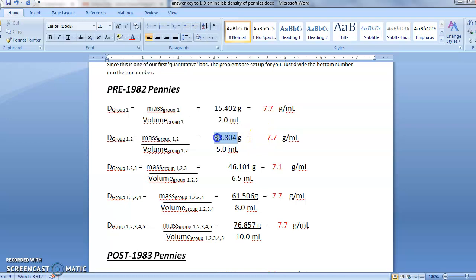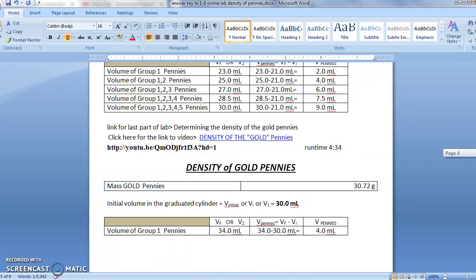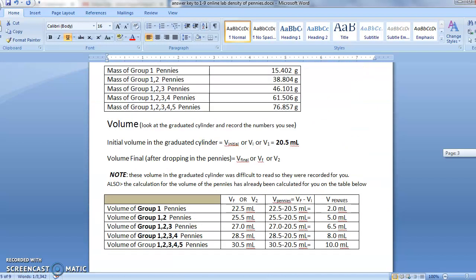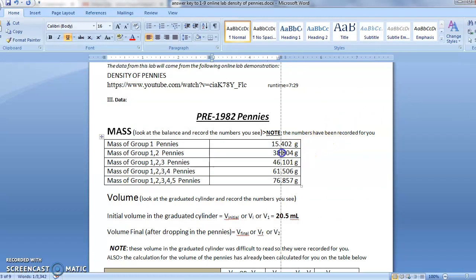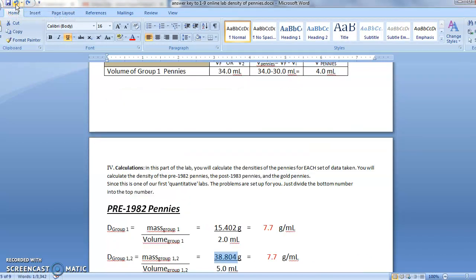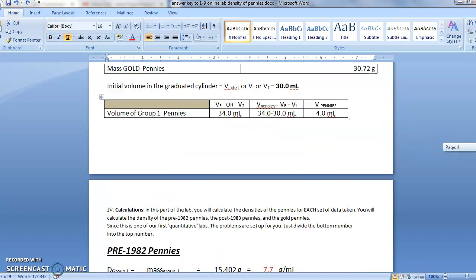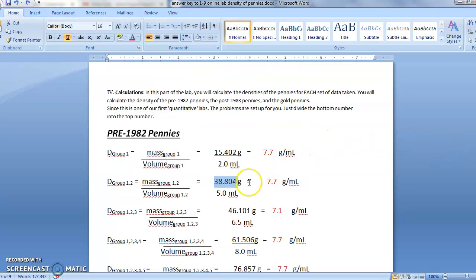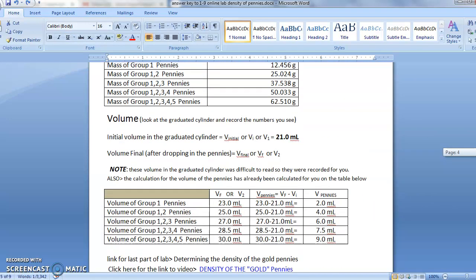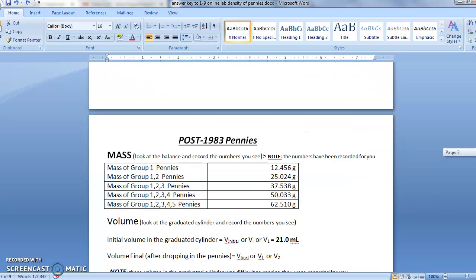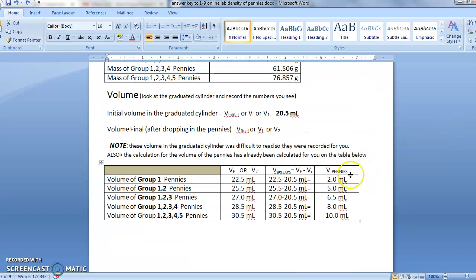The second mass, when he added group 2 pennies to it, the mass went up to 38.804. Then, what did the volume do? The volume looks like it changed about 5.